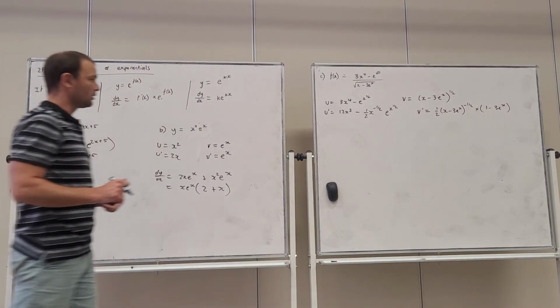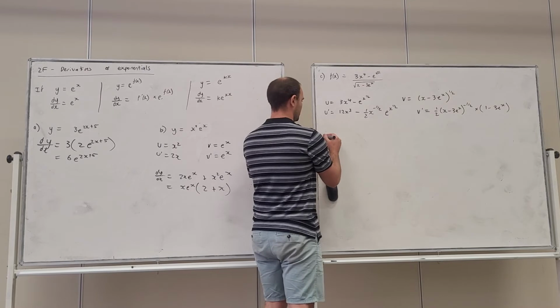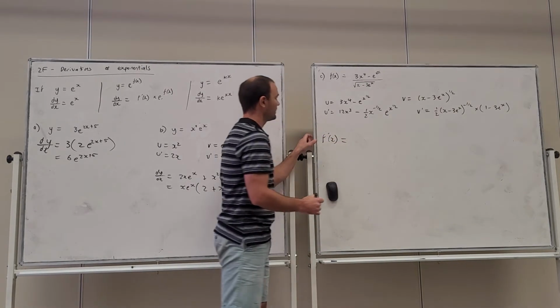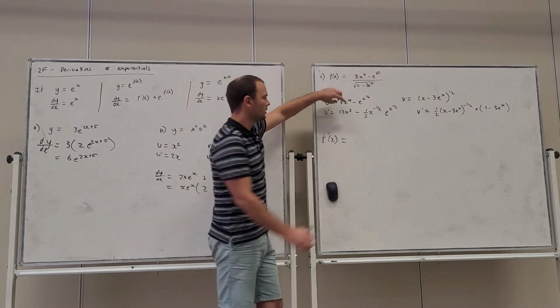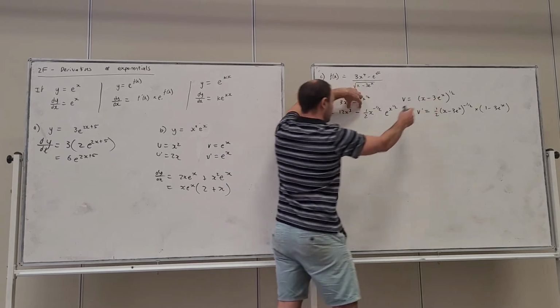We will combine all of that together. This is going to give us f dash of x. Again, being consistent with our terminology. u dash v.